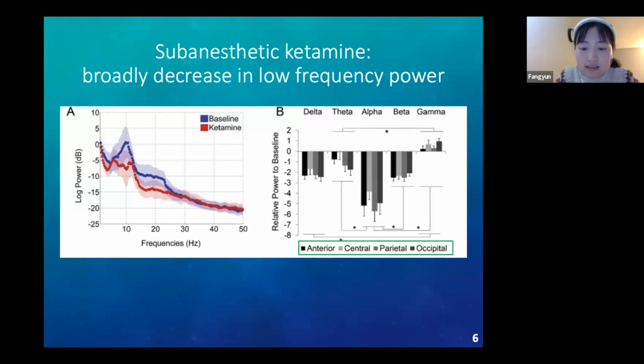We can see that the power increase was only observed in the gamma frequency, and the power was reduced throughout all low-frequency channel clusters. The largest reduction is the alpha oscillation in parietal and occipital channel clusters.